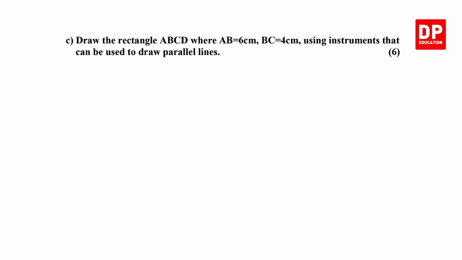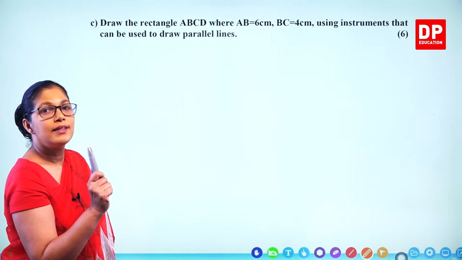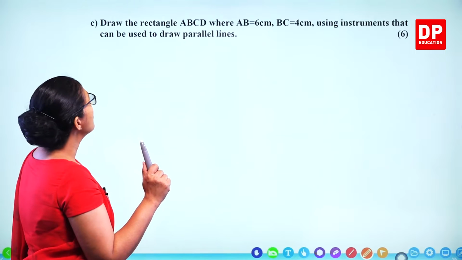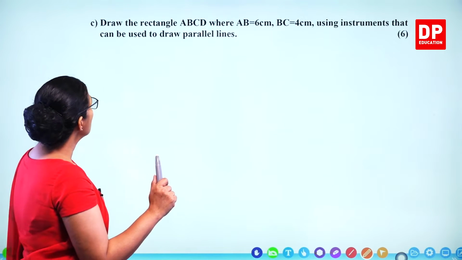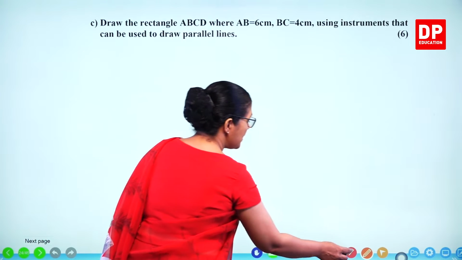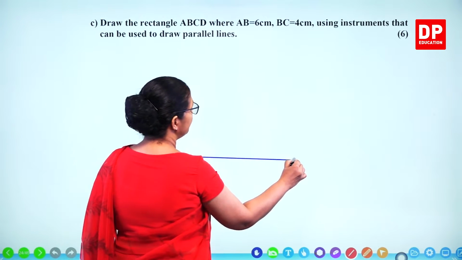Then part C, draw the rectangle ABCD where AB is 6, BC is 4 using instruments that can be used to draw parallel lines. So we'll take the ruler and the set square to construct this, draw the rectangle. So let's do that. So first we'll take the ruler and draw a line.